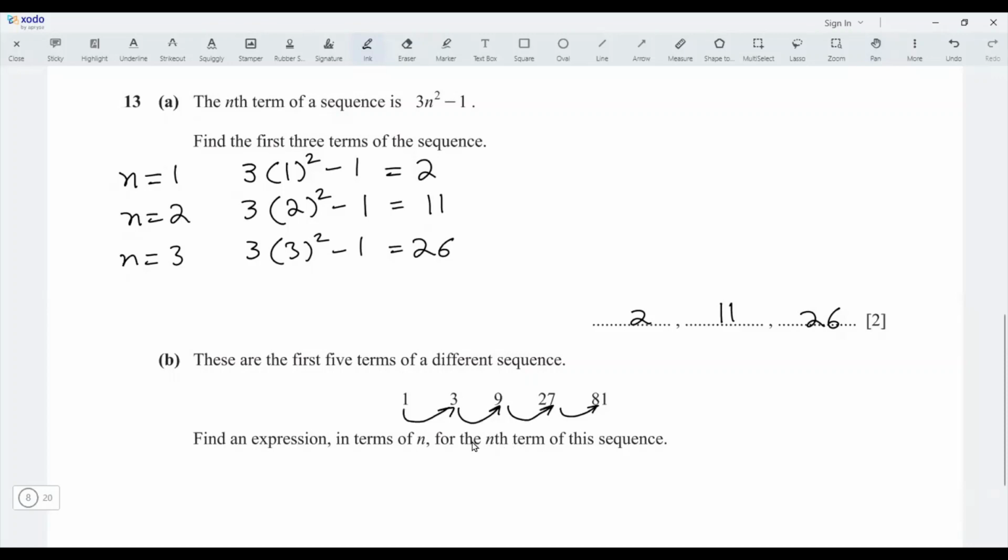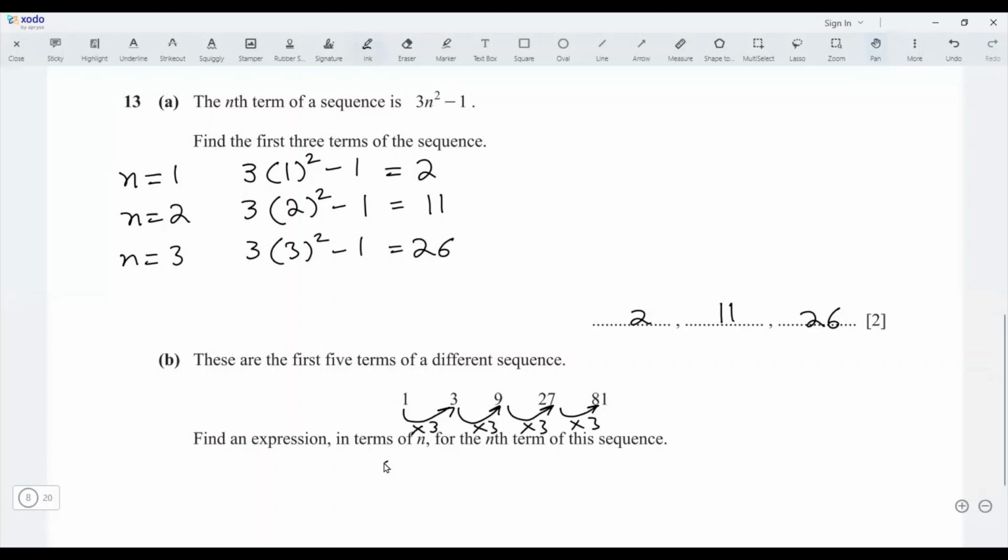It's quite easy. You can see that 1 is being multiplied, means multiplied, it gives 3. 3 times 3 is 9. 9 times 3 is 27, and times 3 is 81. This means that if there is multiplication involved in the progression of the sequence, it is a geometric sequence.